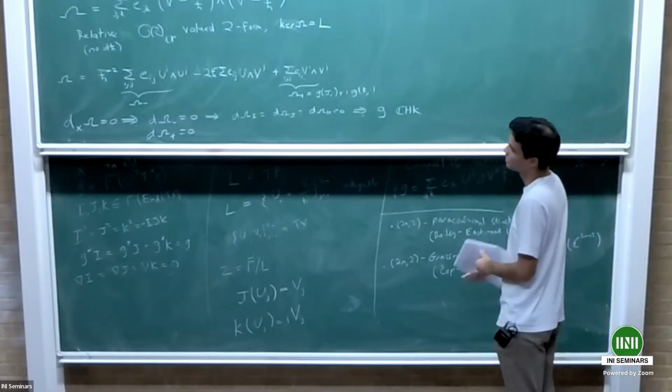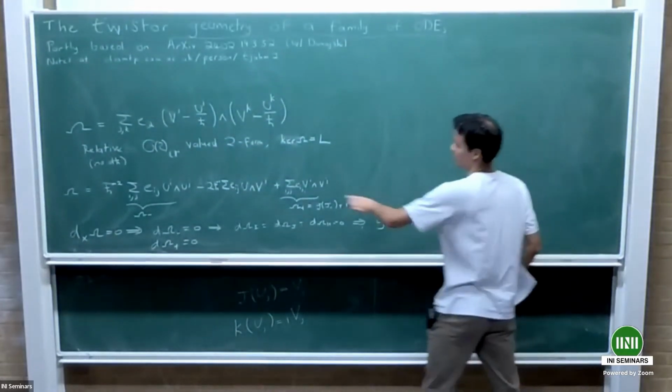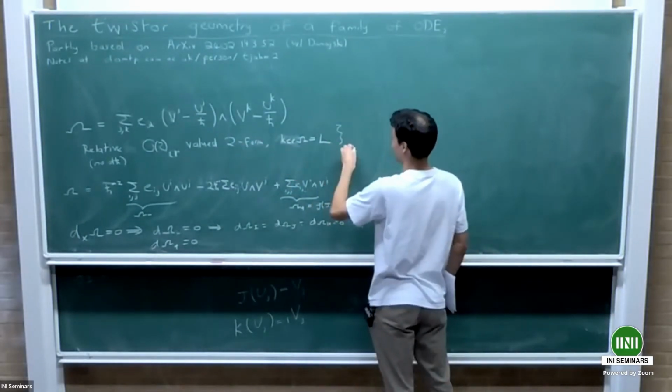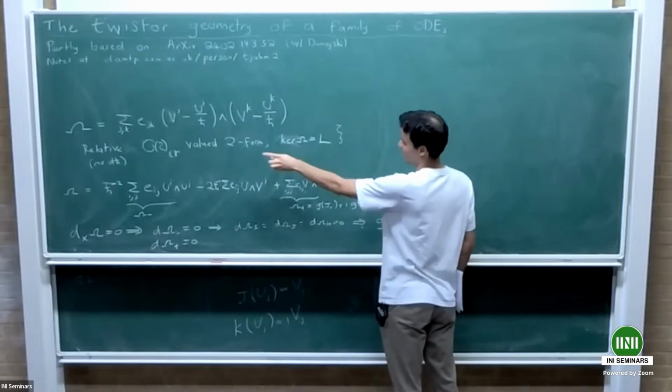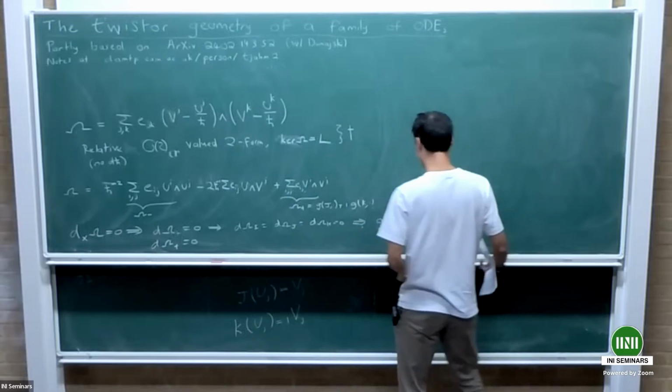And so what I'll do is I'll call a two form satisfying these things, while also being dx closed, a two form satisfying dagger.